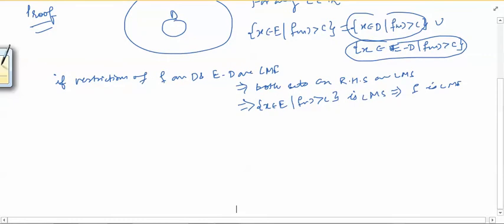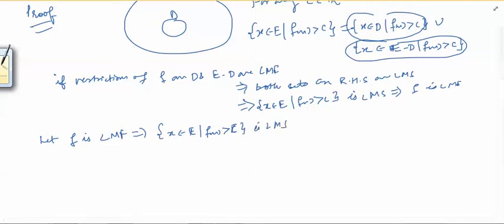Now let us assume the converse. Now let f be a Lebesgue measurable function, okay? Then it implies that this set x belongs to E such that f of x is greater than C is a Lebesgue measurable set. Now how can you write this set?